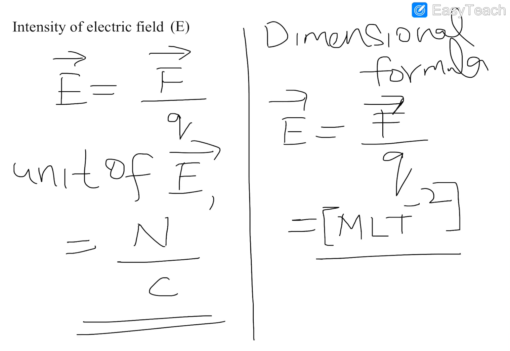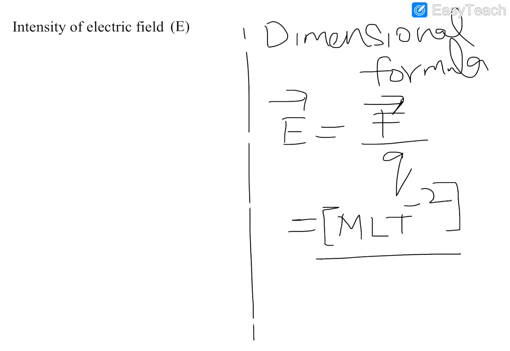Q is equal to total current multiplied by time. This is the equation for Q. So Q is equal to I into T, where I is the symbol for current and T is the time taken.